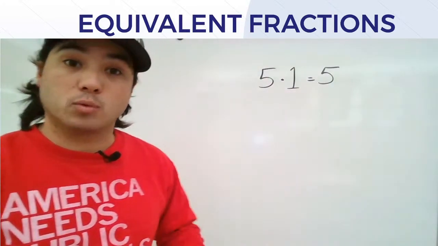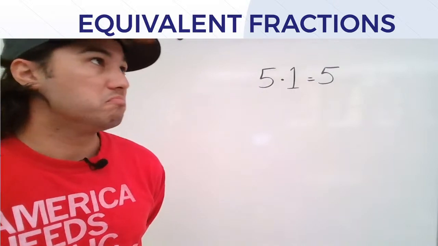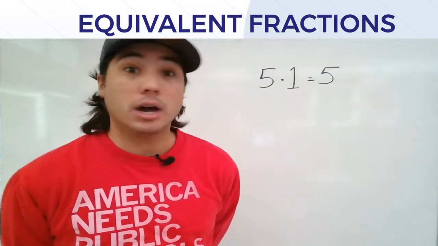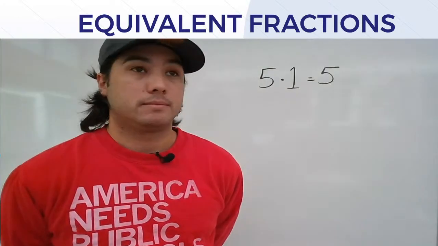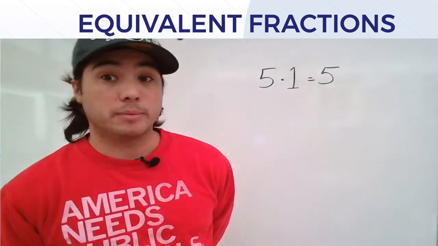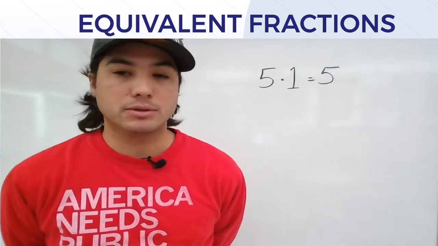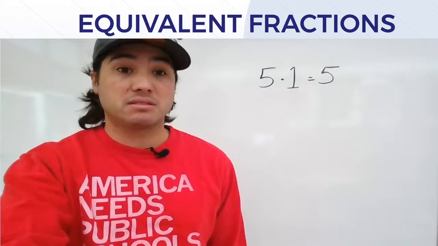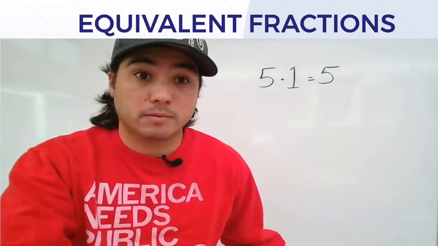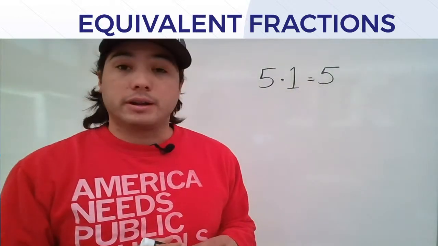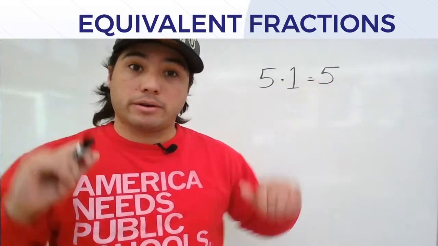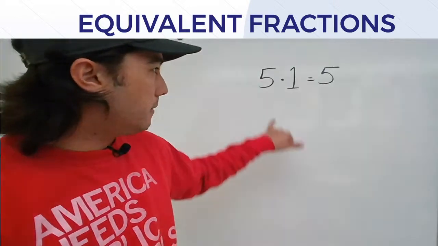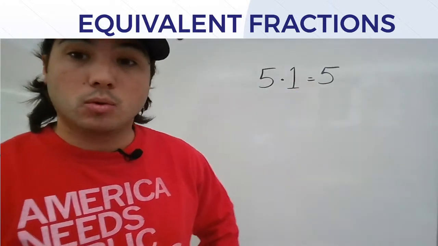Like 5 times 1 equals 5, or 10 times 1 equals 10, 100 times 1 equals 100, 2,500,000 times 1 is 2,500,000, or 68 quintillion times 1 is 68 quintillion, right? That would be a very, very long area model if we were going to draw that out, so we're not going to, obviously. But this idea is that anything times 1 equals the same amount.